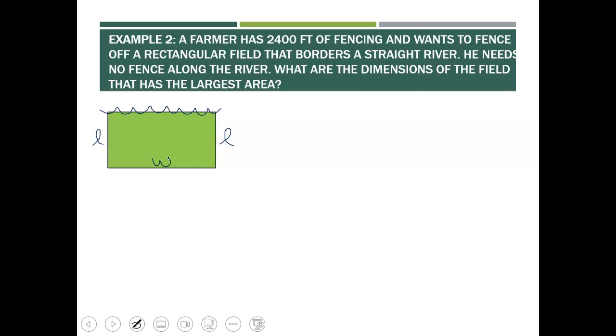So what does that 2,400 represent in terms of formulas or mathematical knowledge that we have? Perimeter. And in this case, the perimeter is 2L plus W. So you'll replace the P with 2,400.